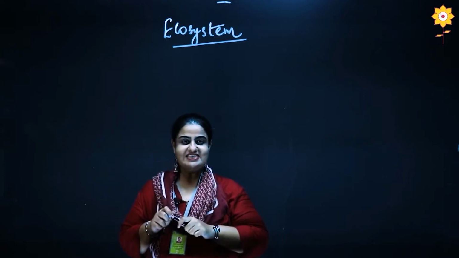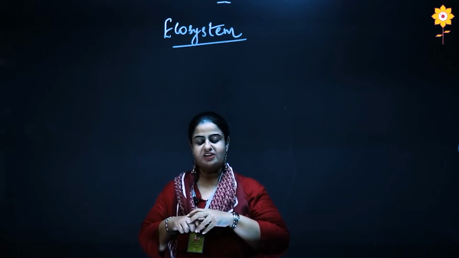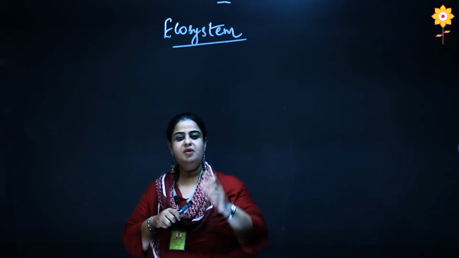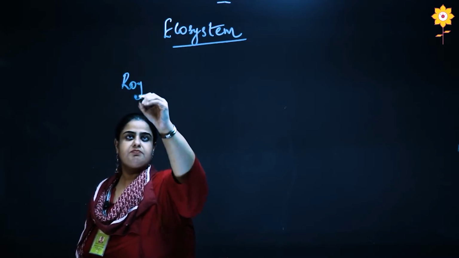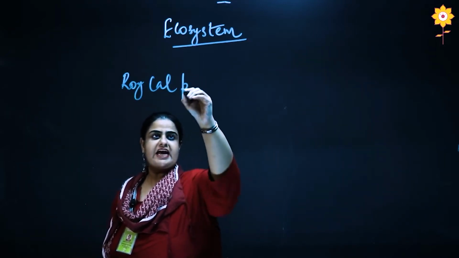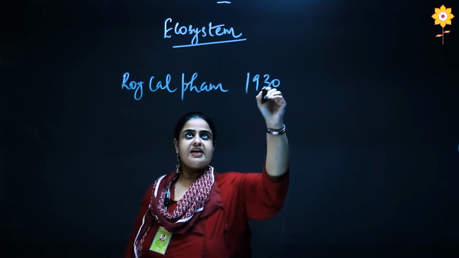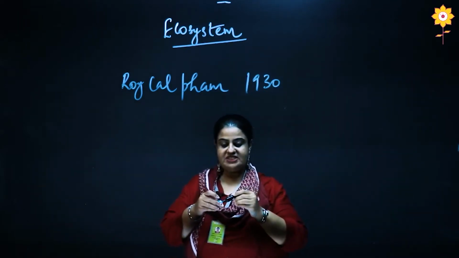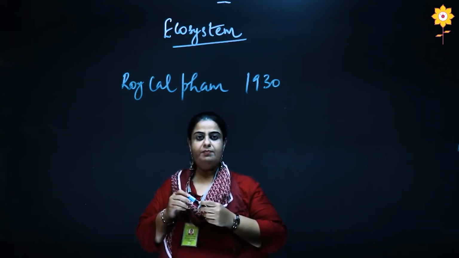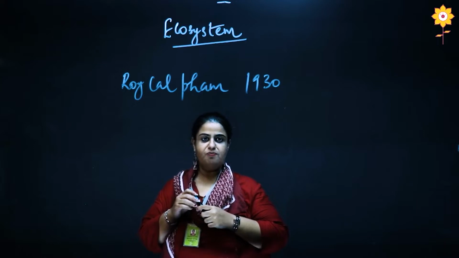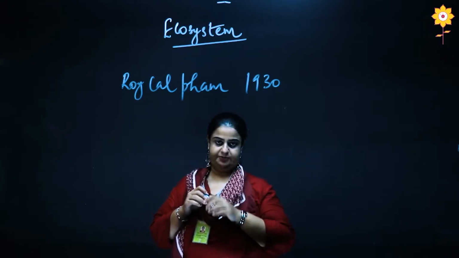Now, when we discuss ecosystem, let us first concentrate on the introduction. The term ecosystem was coined by the scientist Roy Calfam in the year 1930, and this particular concept of ecosystem was clarified in order to make our studies on behavior and interaction of biotic and abiotic organisms in the environment easier.